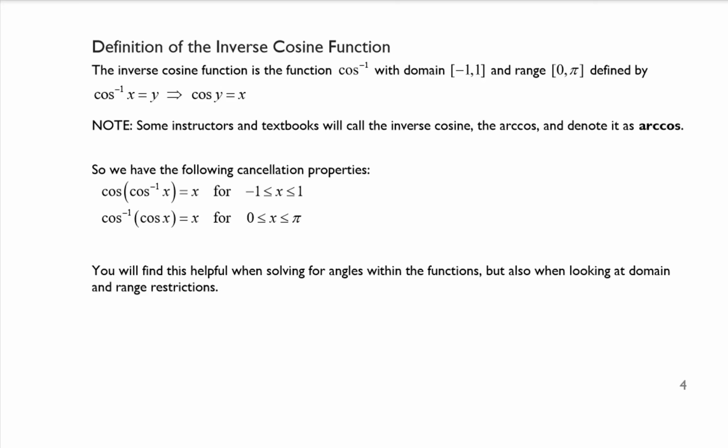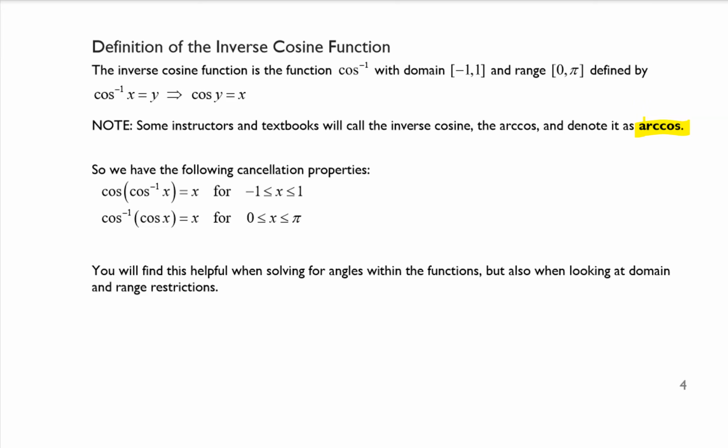And some instructors and textbooks will call the inverse cosine the arc cosine and denote it as ARC-COS. So similar to arc sine, arc cosine or cosine inverse has the following cancellation properties.